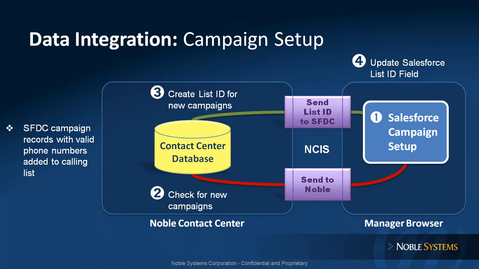Then the Noble Contact Center platform will check for new campaigns, create a list ID for any new campaigns, and then populate the list ID in Salesforce.com from a predefined range in the configuration. The process ensures that all records in the Salesforce campaign with valid phone numbers will be added to the Noble Systems calling list.